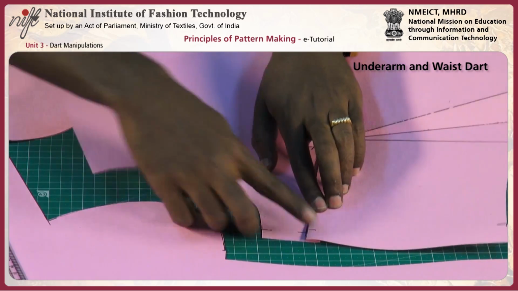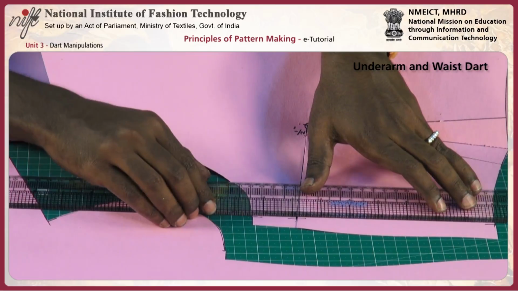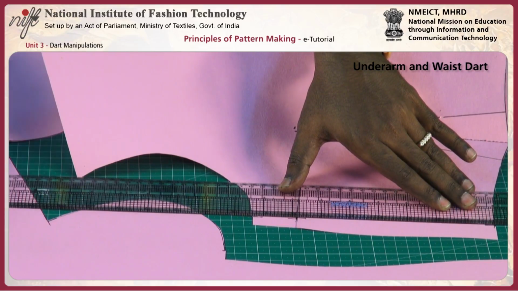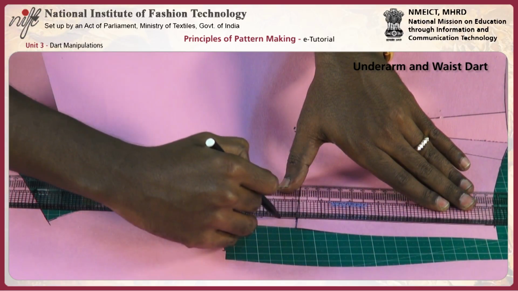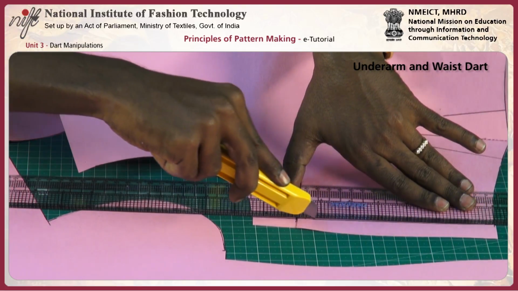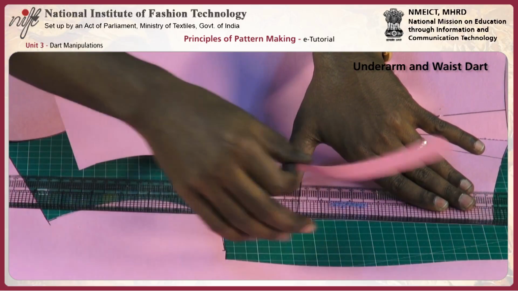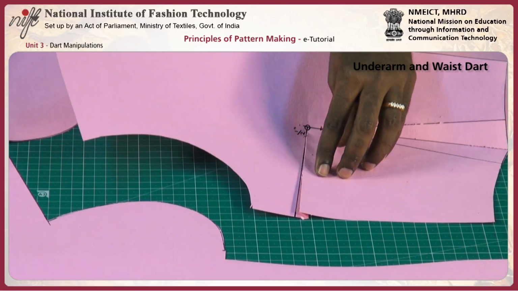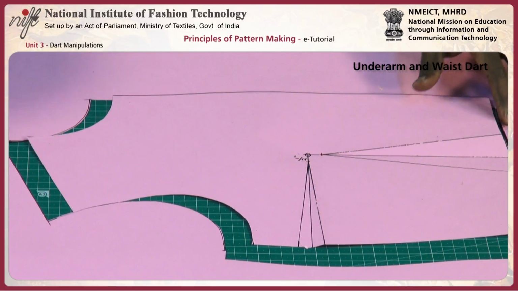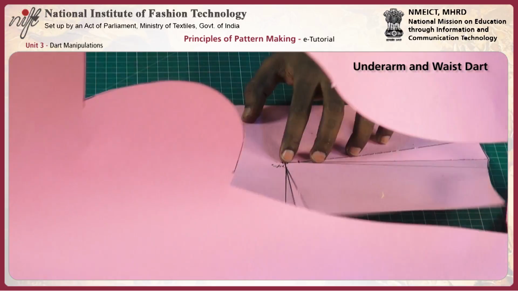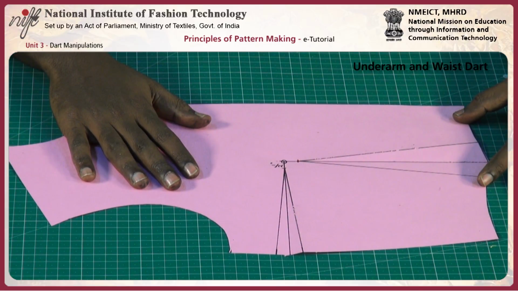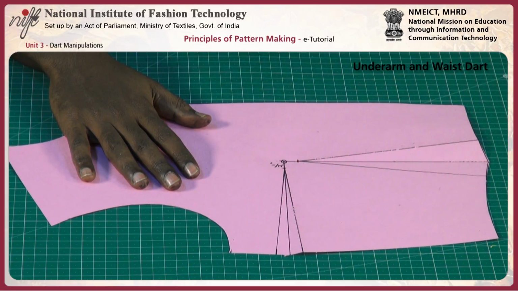Fold the dart, then draw the straight line. Now we made underarm and waistline dart pattern.